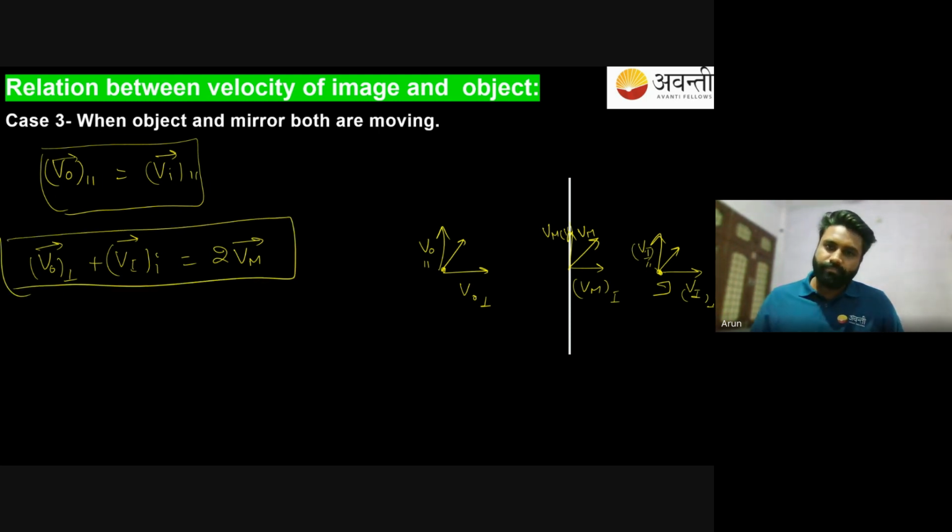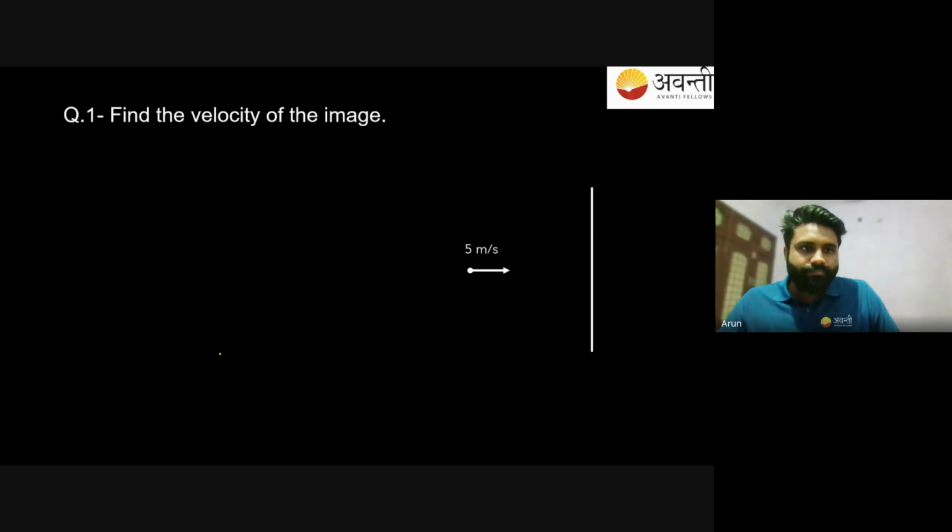Okay, got it. Now find the velocity of image. I'm giving you this very simple question, just answer it. The velocity of object is given as 5 meter per second.